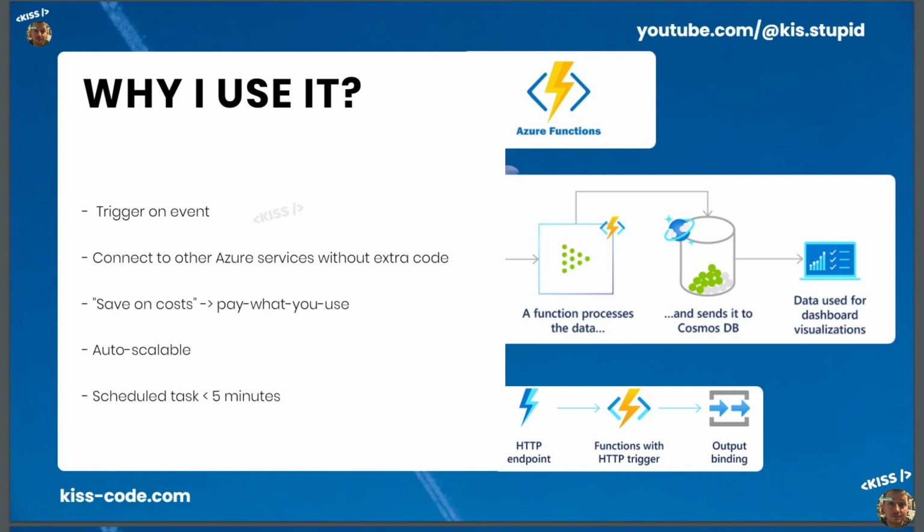But I'm also tempted to use it in the future for scheduled tasks where the tasks don't take too long. Most of my scheduled tasks only have to run like once a day, so that could save me a lot of costs, because then I wouldn't have to have those always on.